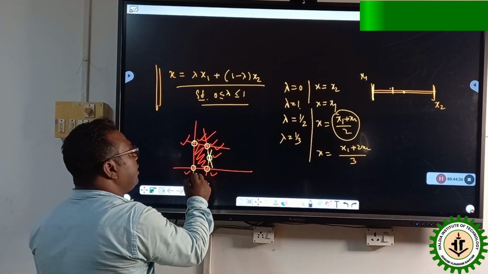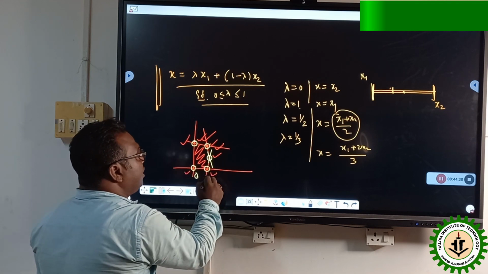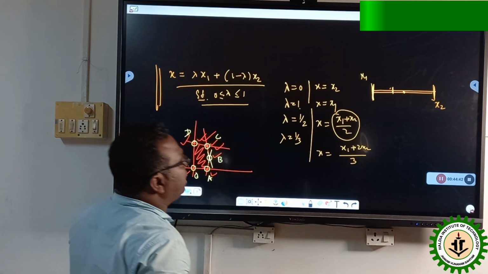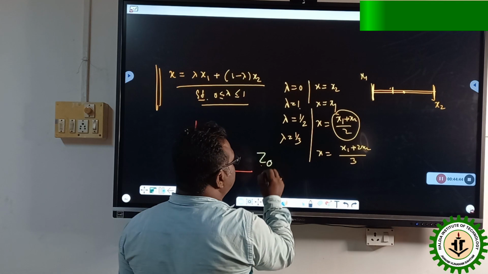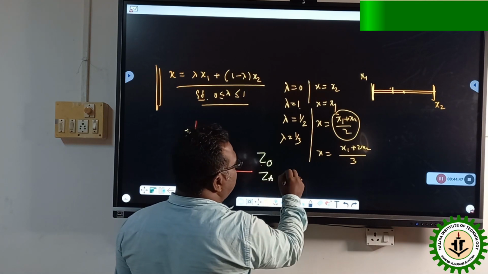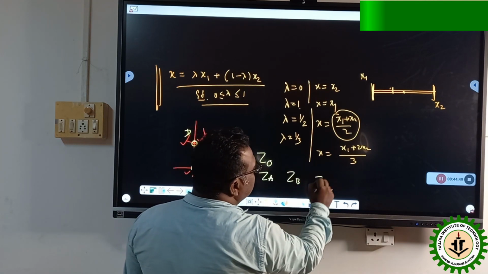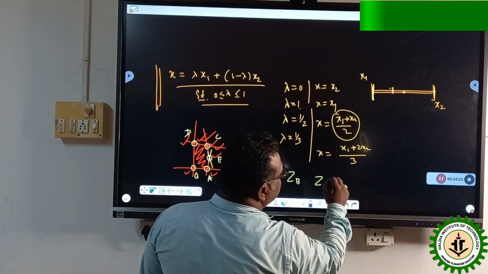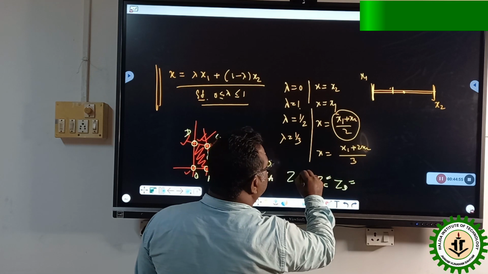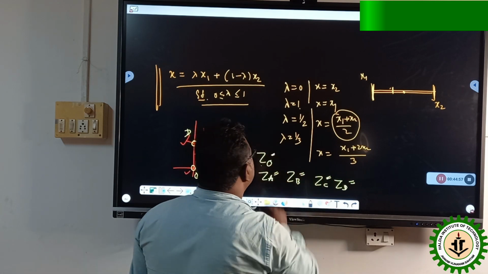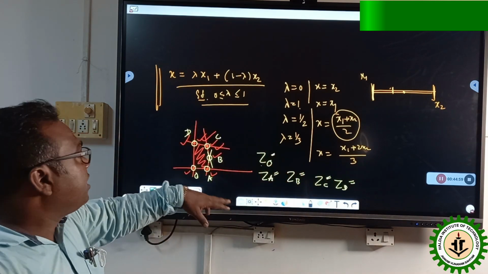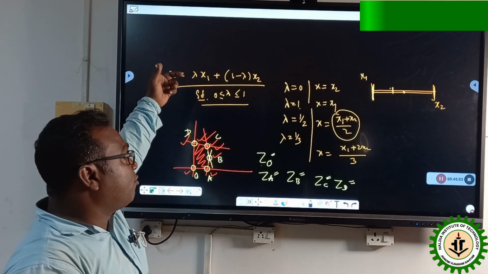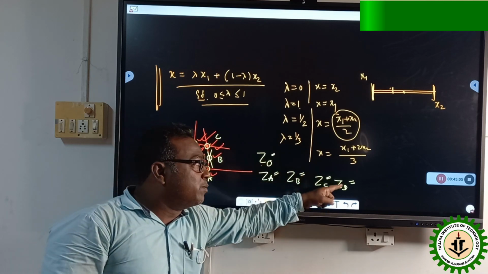If we name these O, A, B, C and D, we have to find the value of Z at O, Z at A, Z at B, Z at C and Z at D. After finding these values, since it is a maximization problem, we have to find the maximum among these values.